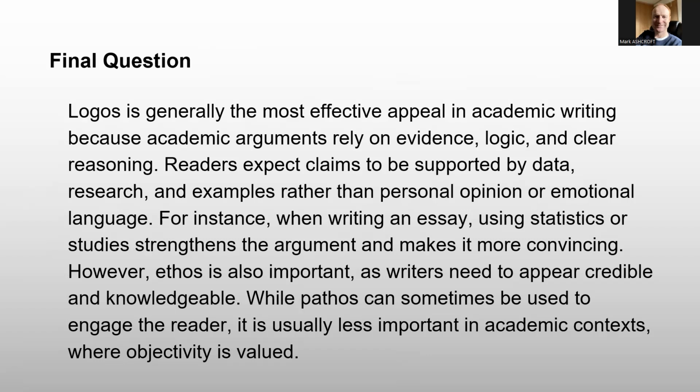For example, when you're writing an essay, using statistics or studies strengthens your argument and makes it much more convincing. Having said that, ethos is also important as a writer needs to appear credible and knowledgeable. Pathos can sometimes be used to engage the reader, but it's usually less important in academic contexts because in academic contexts, objectivity is the most important point.